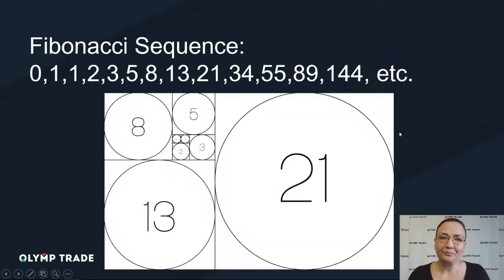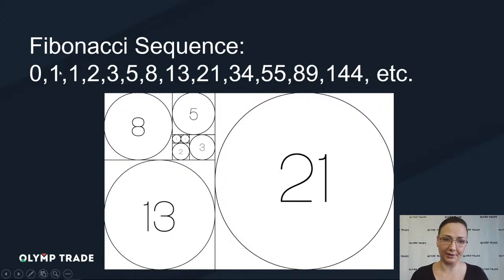So, now, the Fibonacci sequence is as follows. It's 0 and then 1, and as you can see here, the numbers will follow. The trick here is to add the first two numbers, which equal the third number, and then we repeat this as it goes on.